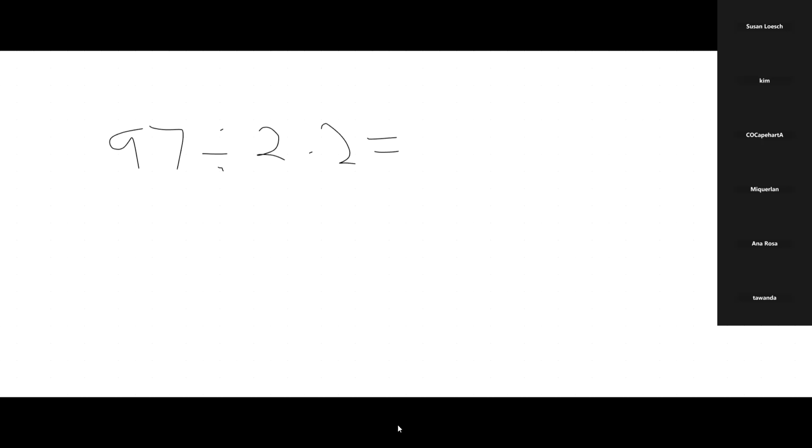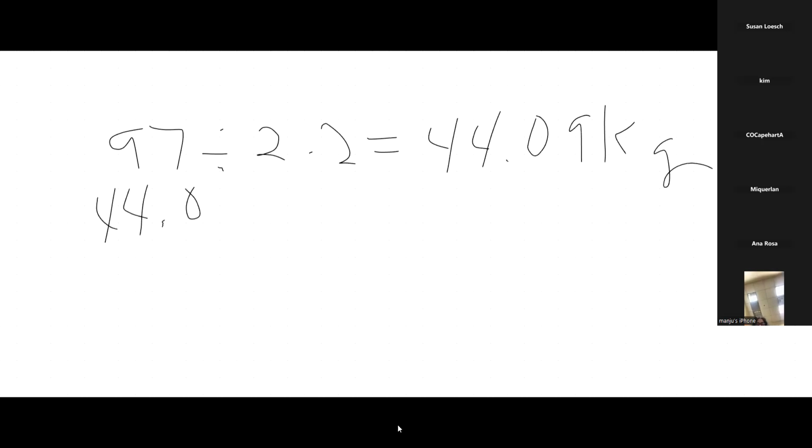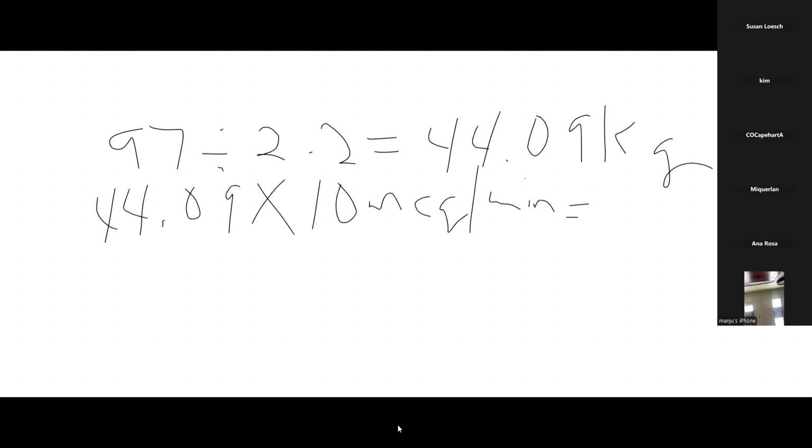This is our kilograms, and then we're going to take that times our ordered dose of 10 micrograms per minute. And now we have 440.90 micrograms per minute.